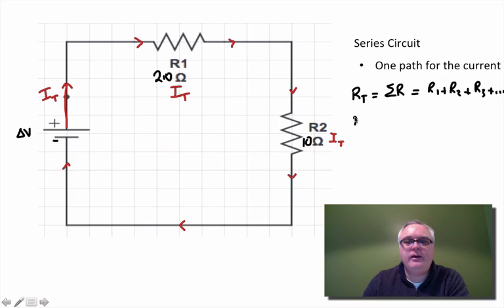I'm just going to sum the total resistance. So in this series circuit, we can see that I have a total resistance of 12 ohms. So when adding up resistors connected in series, I just add the individual values together to get the total resistance.